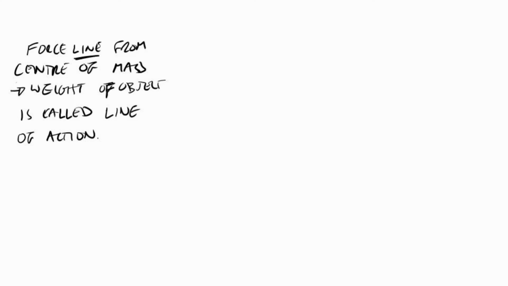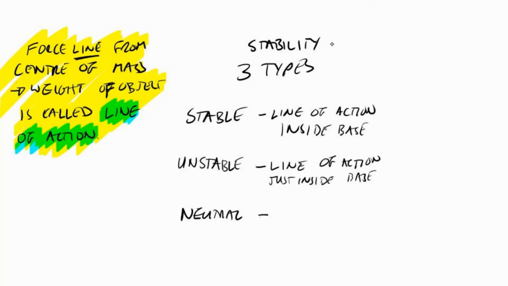If it lies outside of the base, it will fall over. So this line of action is related very strongly to the stability of an object. And there are three types of stability. Our stability relates to equilibrium, that idea that it's not moving. So we get stable line of actions inside the base, and that's called stable equilibrium.